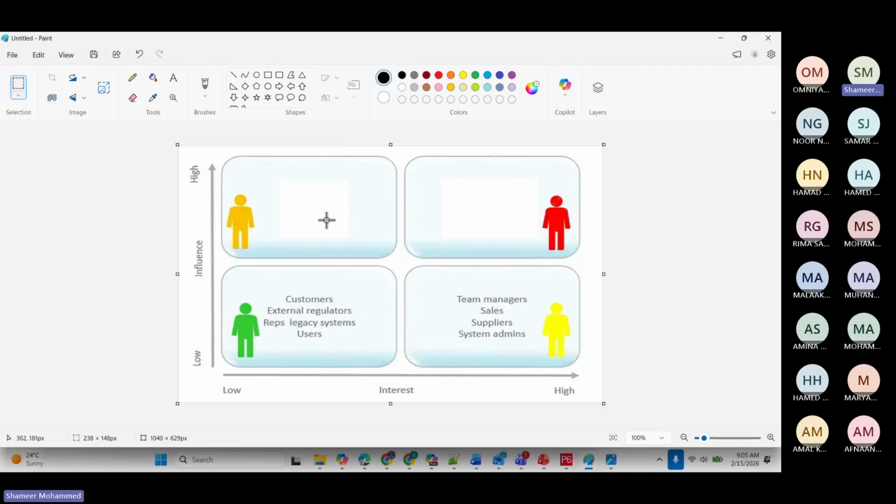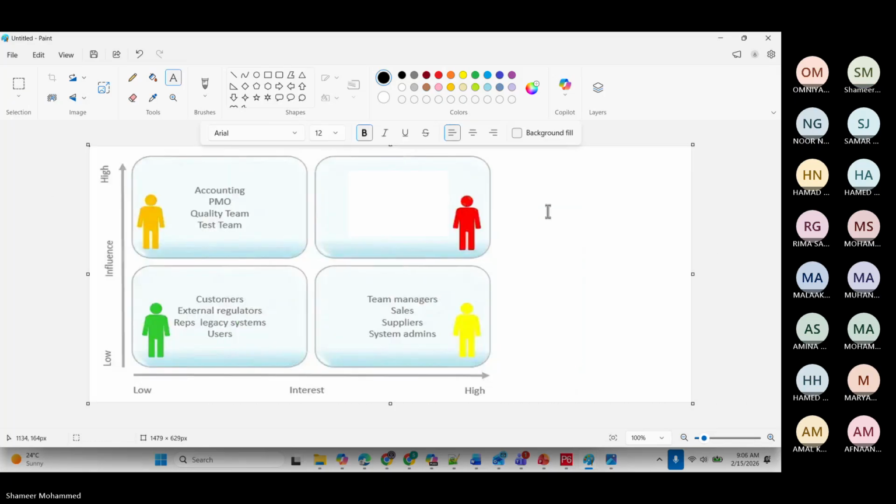Or for example, I cut this. So in the question, I will say, which stakeholder will have a high interest and a high influence?